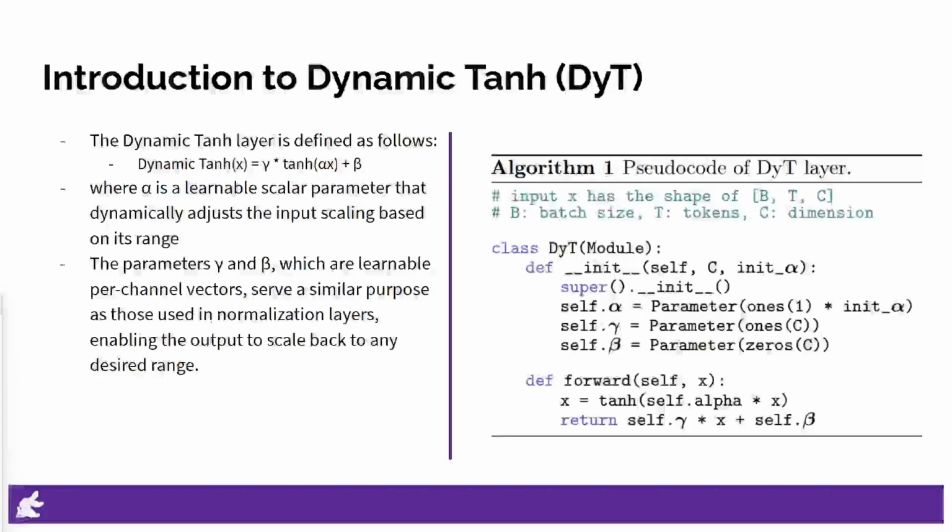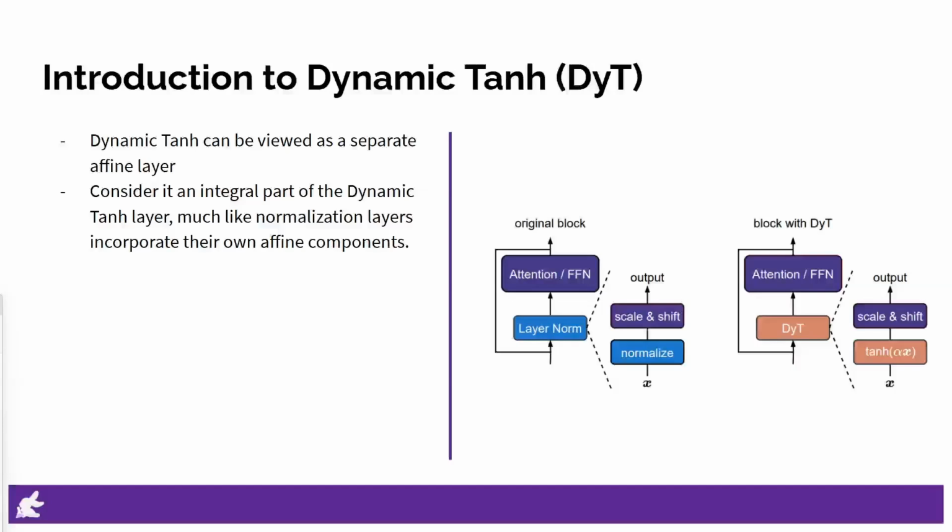The parameters gamma and beta, which are learnable per-channel vectors, serve a similar purpose as those used in normalization layers, enabling the output to scale back to any desired range. In essence, the affine part can be viewed as a separate layer, but for the purposes of this discussion, we consider it an integral part of the Dynamic Tanh layer, much like normalization layers incorporate their own affine components.